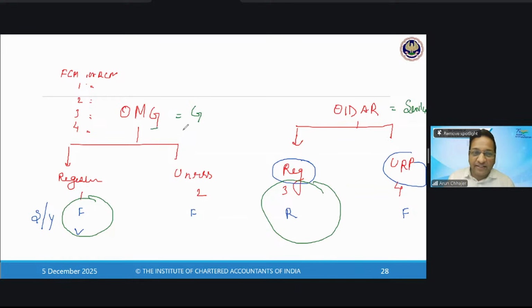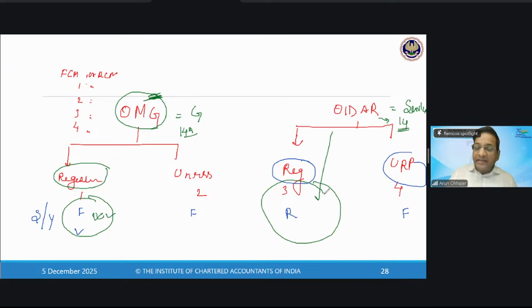This provision is covered in section 14A and this provision is covered in section 14. Okay. So the only point is that even if online money gaming supply has been given to the registered person, it will also be taxable under forward charge. It means they need to pay the tax under forward charge. But if OIDAR service is provided in India to the registered person, then the recipient RCM will be applicable. Okay. Absolutely correct.